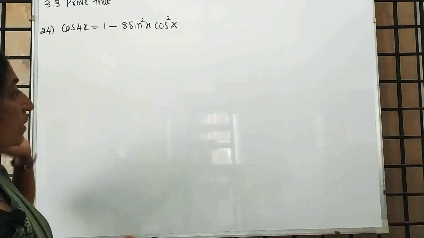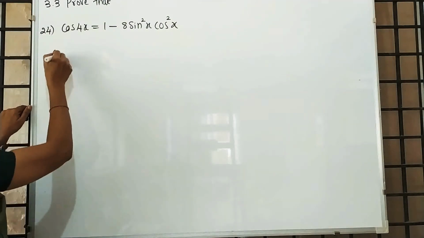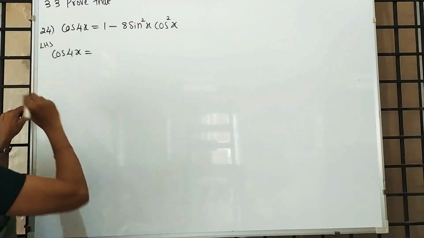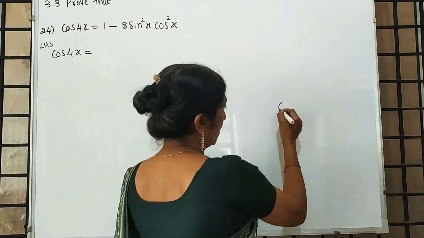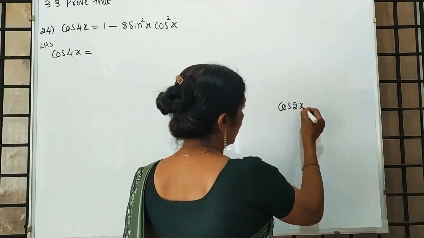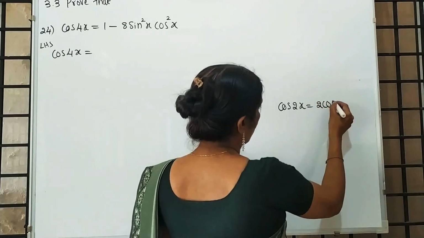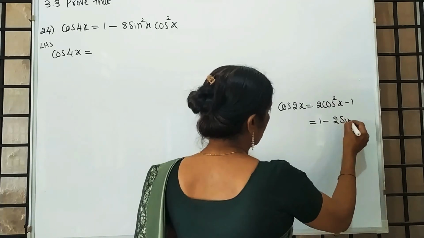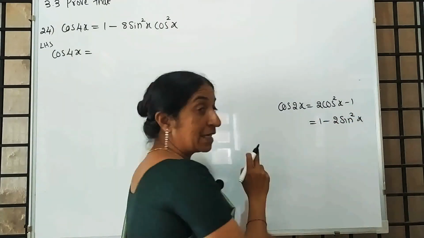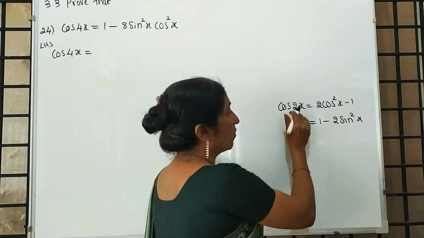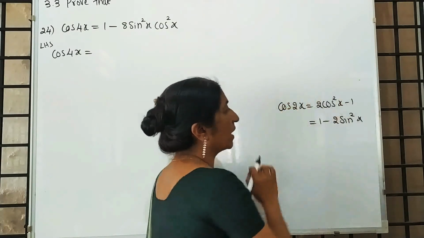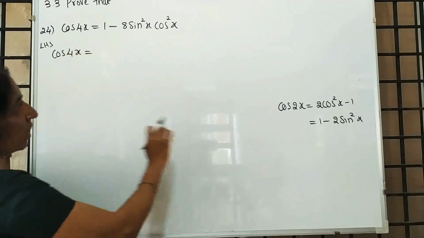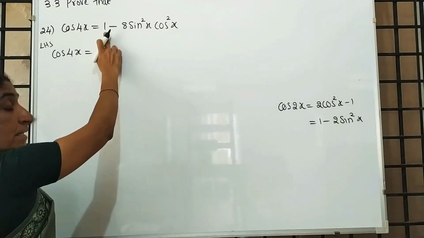Here on the left side we have a cos 4x. First write down the LHS and I am giving you the formula here. It is cos 2x is 2 cos square x minus 1 and next one is 1 minus 2 sin square x. They are multiples and submultiples. Whatever is the angle, half of that we are getting here. Here cos 4x half is 2x and 1 is required in the starting.